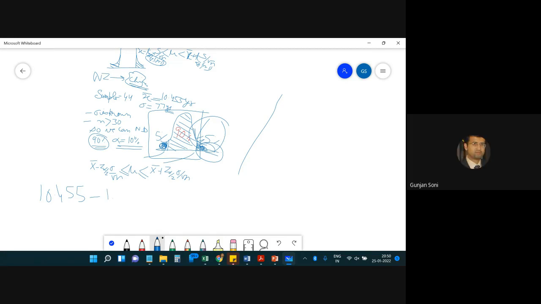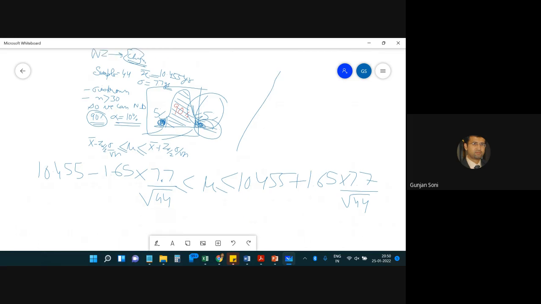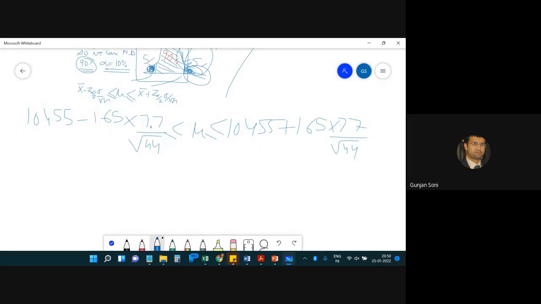So 1.65 multiplied with sigma, which is given as 7.7, divided by root n. So root n is root 44. Mu is less than or equal to x bar, which is 10.455 plus 1.65 into 7.7 divided by root 44. Now tell me, what do you get? What is the range?